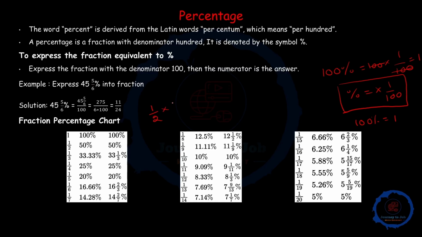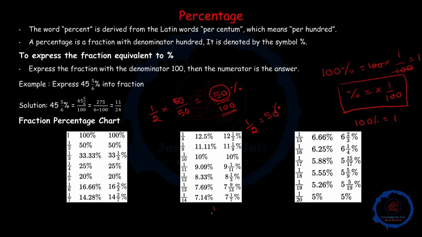We have to make the denominator 100. So multiply numerator and denominator with 50. So it will become 50 by 100. Now the denominator is 100, so the numerator 50 is the percentage value. Means 1 by 2 is equal to 50 percentage.